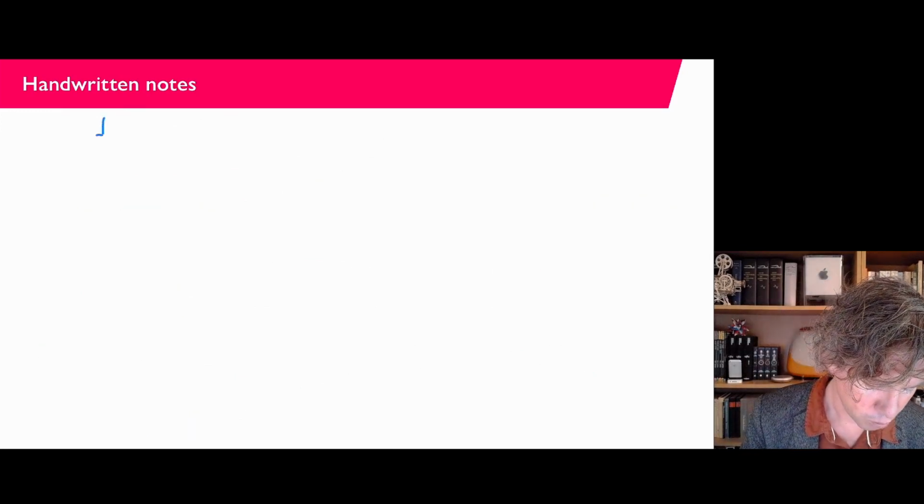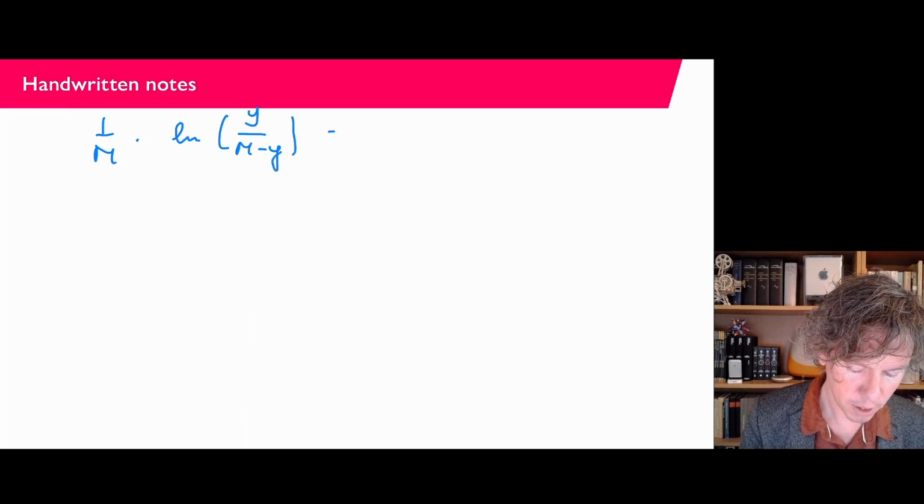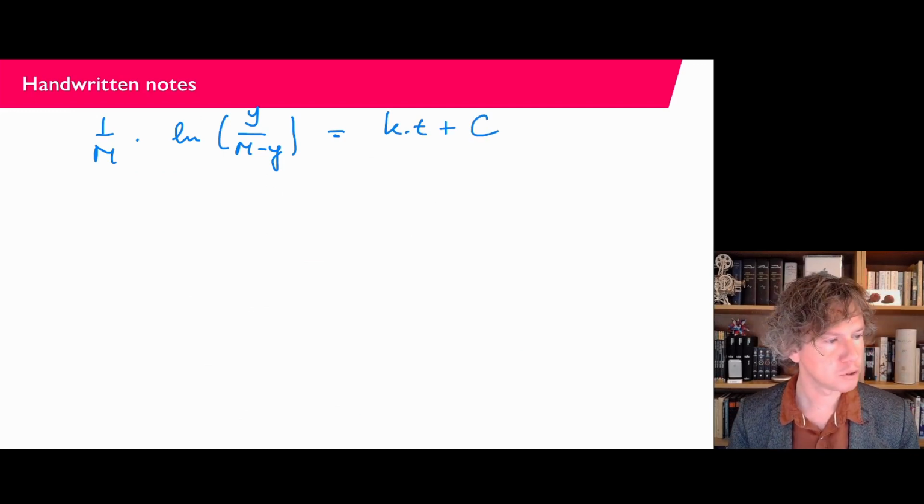So the integral for y we have just found is 1 over m times ln of y over m minus y. And that should equal what we previously found for t, k times t plus c.